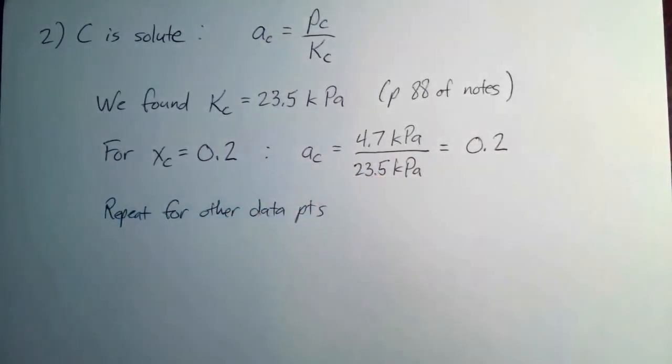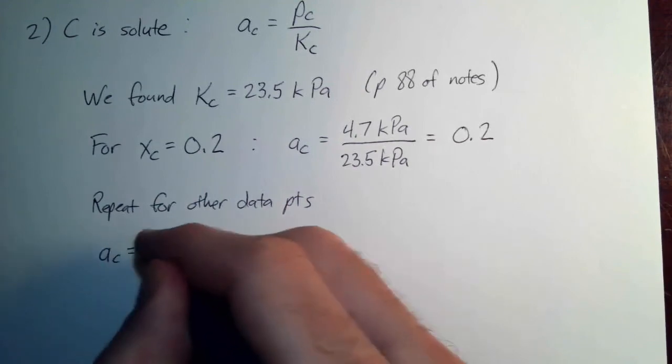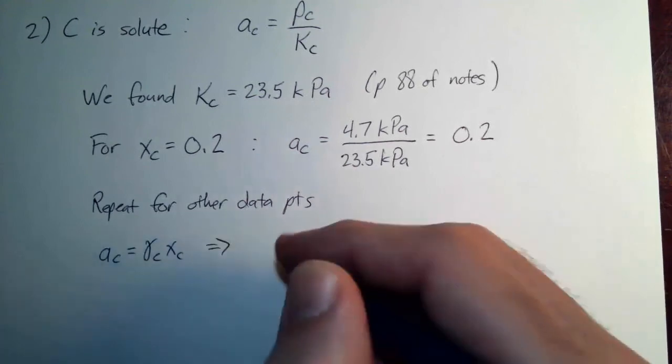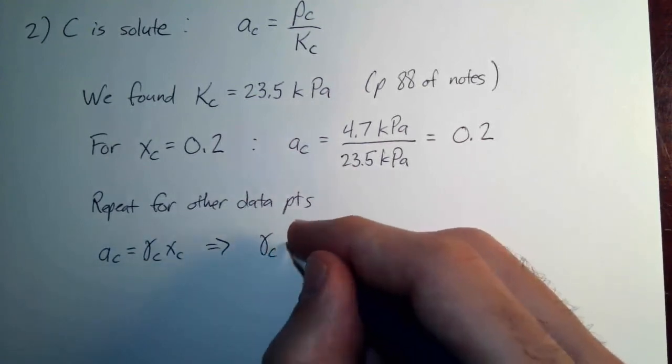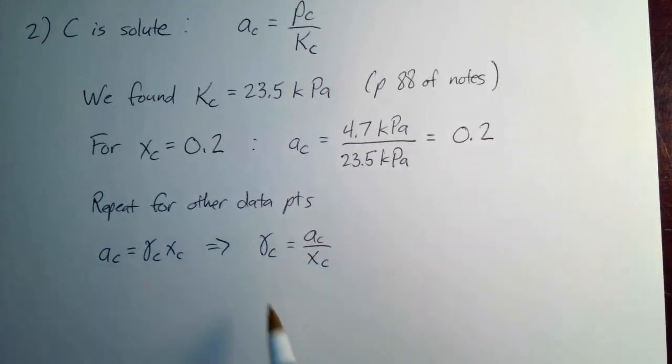And now we're going to find the activity coefficient. And we start with the definition, again, of the activity coefficient. Solve that for gamma. I guess you could take either of these as the definition of the activity coefficient.